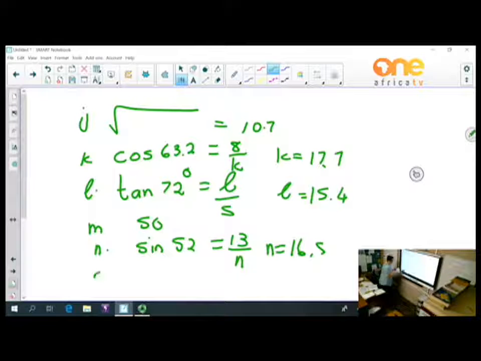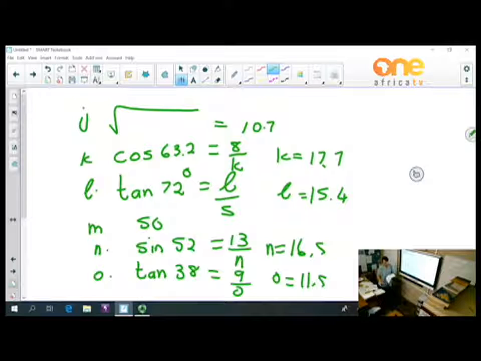And O, the last one, which function will we use? Tan. So tan 38 is equal to 9 over O. Which method? Bottom divide. 9 divided by tan 38 is equal to 11.5.